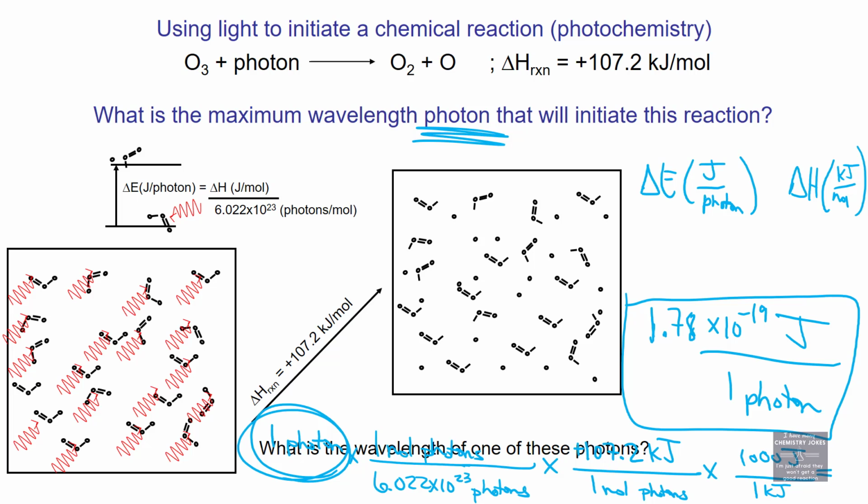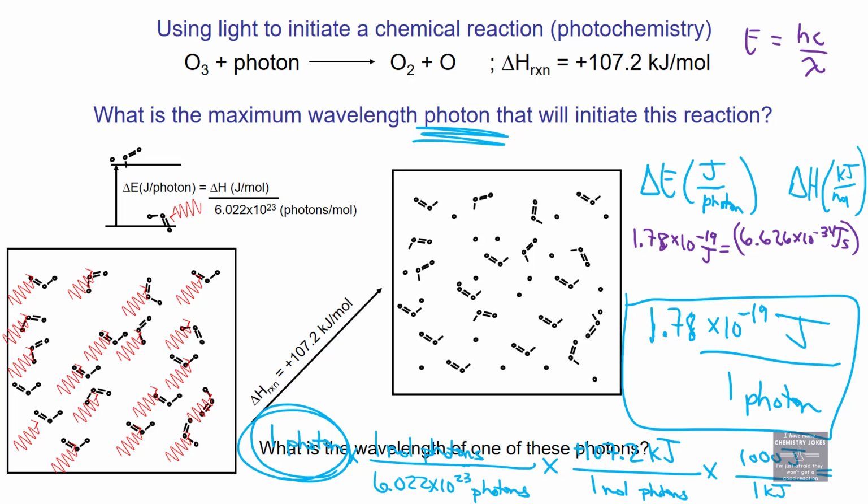We will write it in a different color and try to not erase. If I know the energy is 1.78 times 10 to the negative 19th joules, I can know that energy is equal to hc over lambda. And I'm solving for wavelength, so 6.626 times 10 to the negative 34 joule seconds.